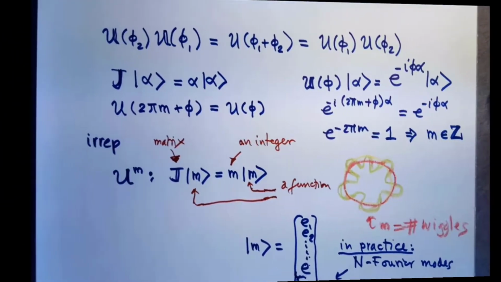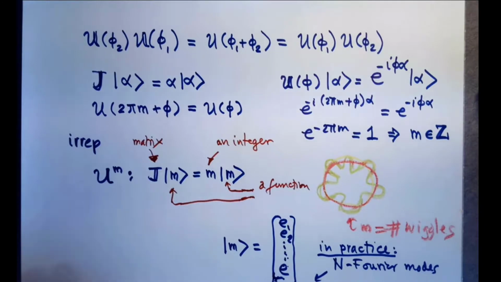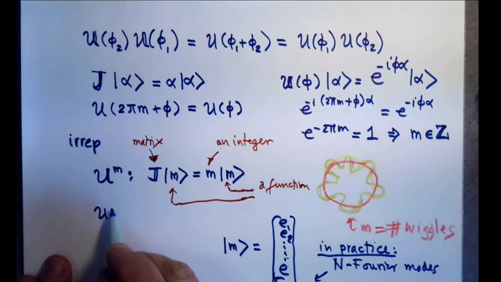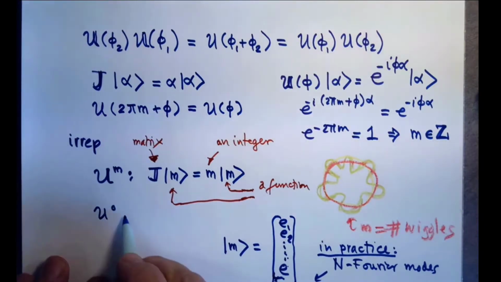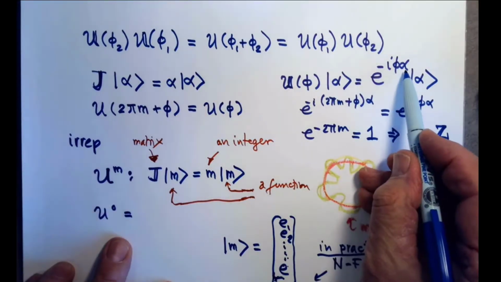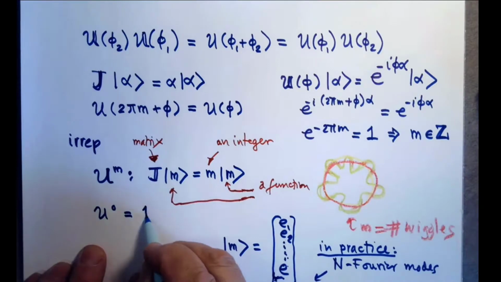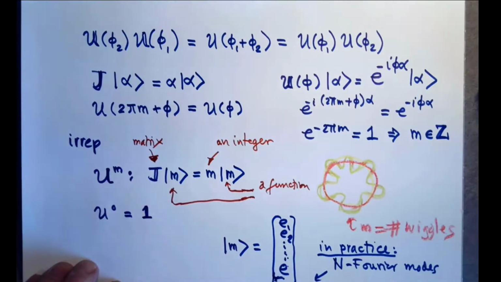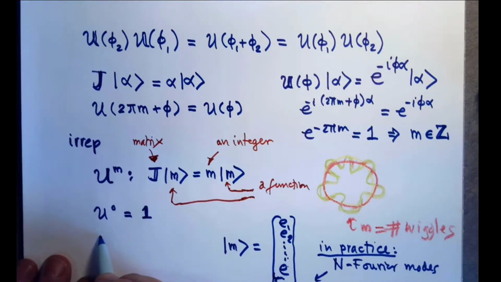The simplest example is U0. That's a matrix where alpha is just zero, so that's the identity. And now you have seen U plus minus 1.